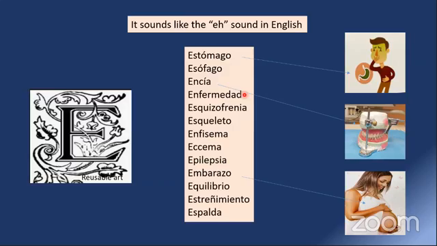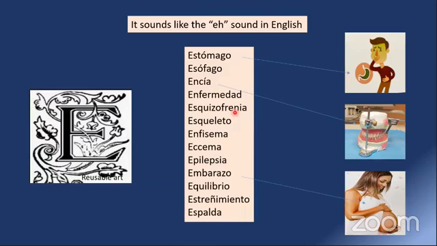So enfermedad, by the Latin and Greek roots, is a disease. Yo estoy enfermo, I am sick. La enfermera es buena, the nurse is good. I hate this disease. I hate this enfermedad. Enfermedad is a disease. Very important word to know.